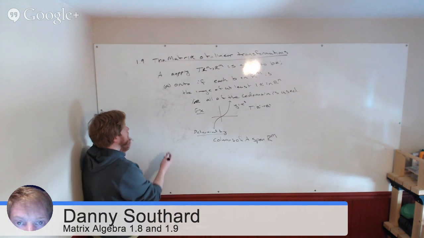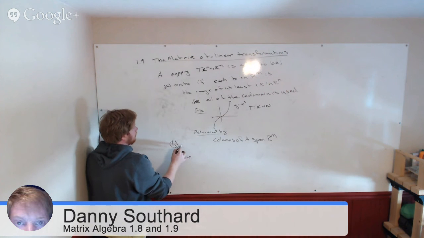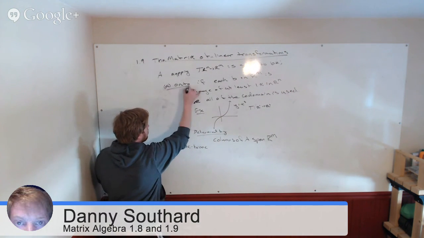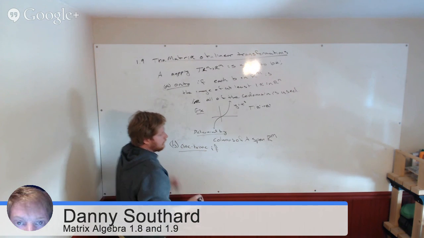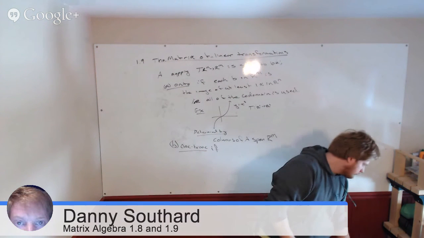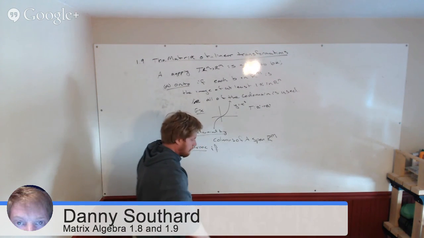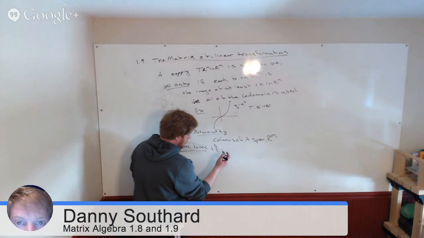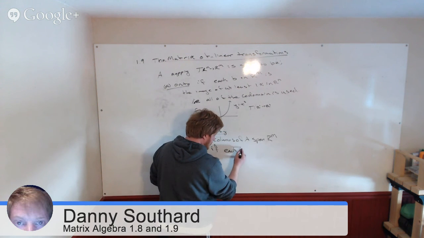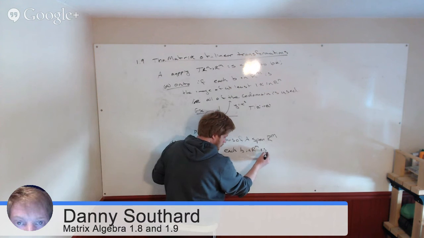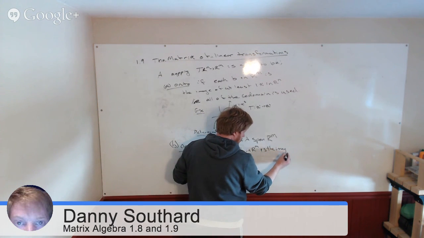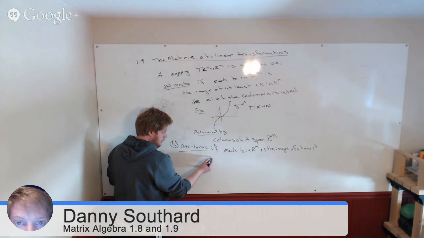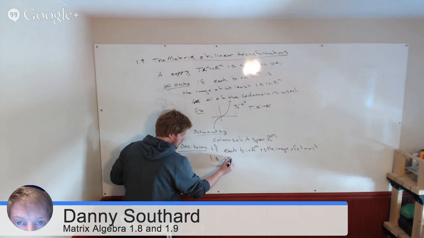Okay, a mapping is said to be one-to-one if each B in Rm is the image of at most one X in Rn.